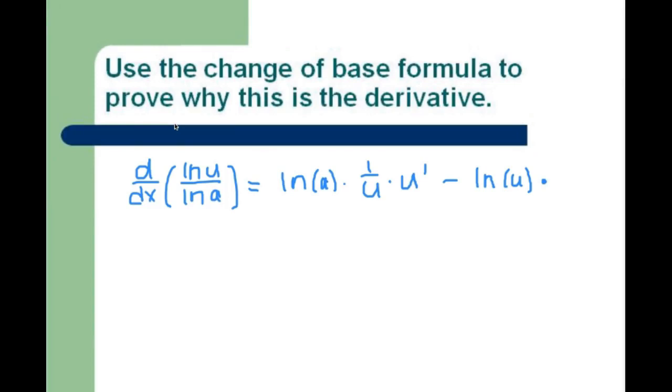The natural log of a is a constant, so its derivative is 0. All over the natural log of a squared.